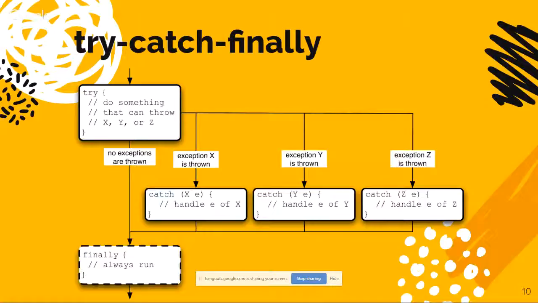The file wasn't in the specified path, or the server wasn't online or didn't find the resource, etc. And the finally clause will always run. It doesn't matter if there was an error or if there wasn't.